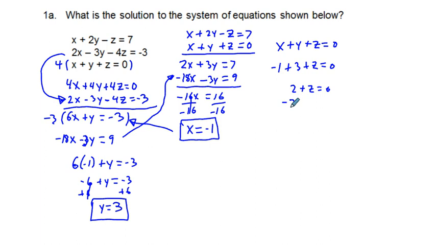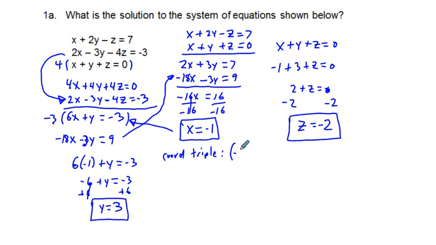If we subtract 2, we have z is equal to -2. So our coordinate triple is -1, 3, -2 for z. And I recommend that you check it also.